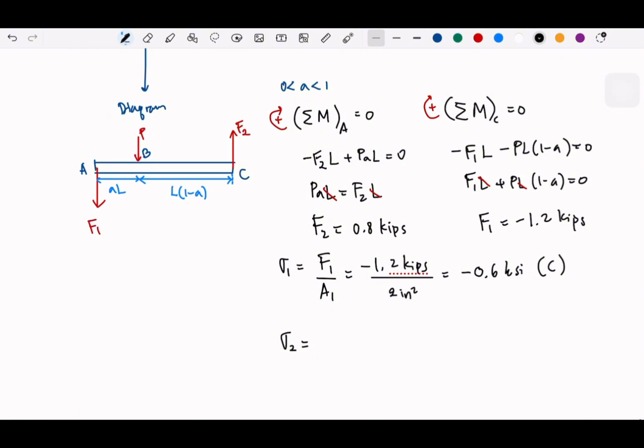Then the 1 KSI will be a tension since it's positive. So we have normal stresses for both materials, 1 and 2.